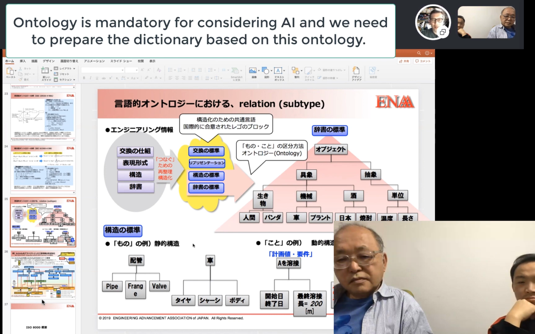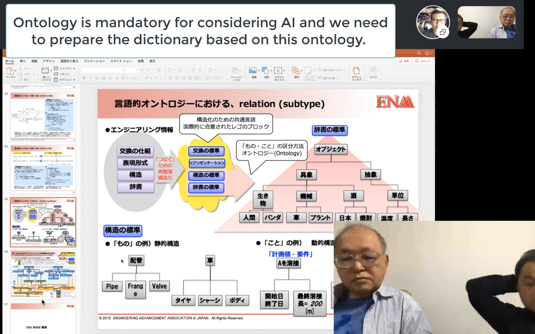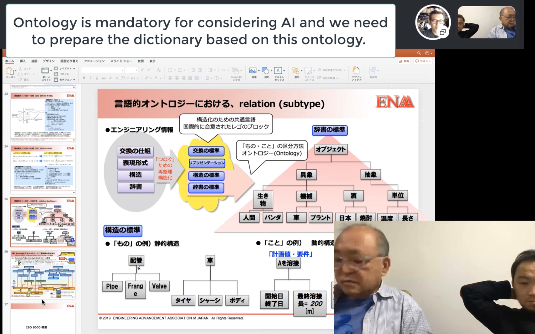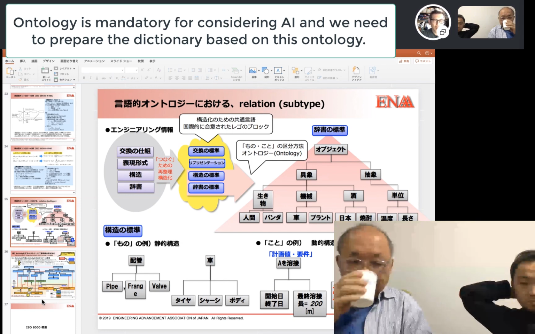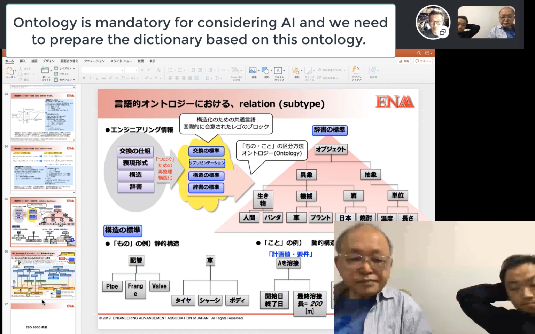And another aspect of the object is composition. This structure is a classification, but another aspect is compositions. Composition means, for example, the piping spool consists of a pipe and a flange and a valve.